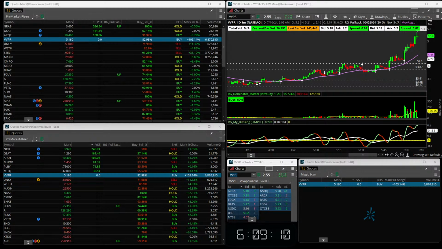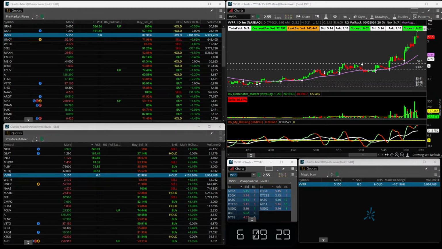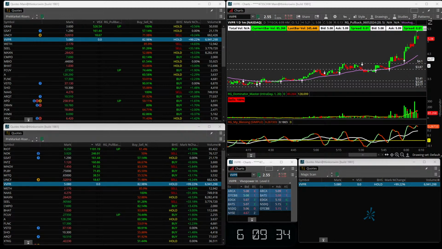Has good price support. I have to give the stock credit for that. It's not just selling off. It runs up a little bit and holds the price. So about a 20-25% gainer if you got in early enough, and possibly more.